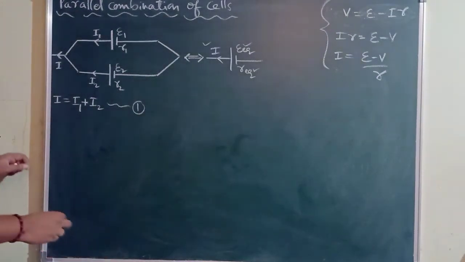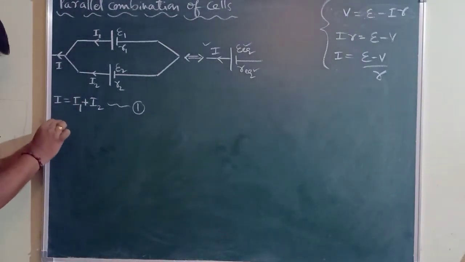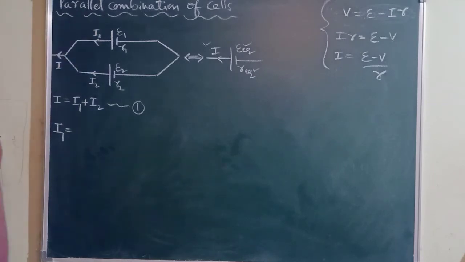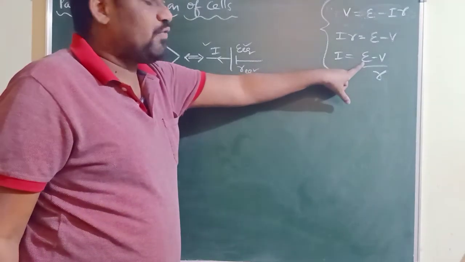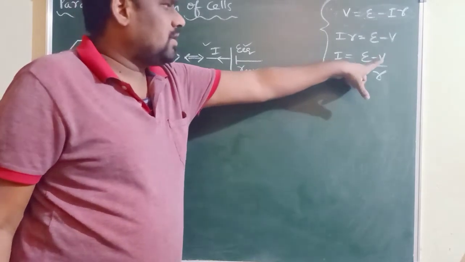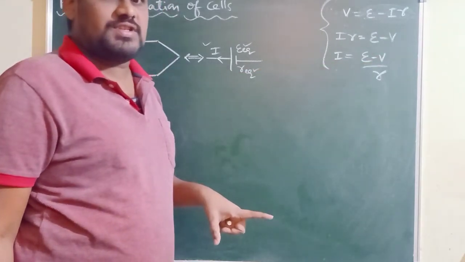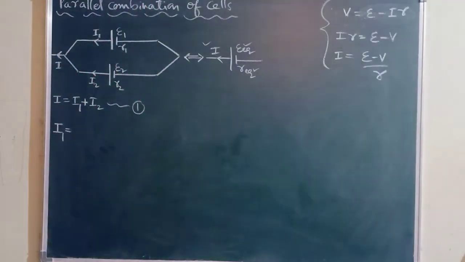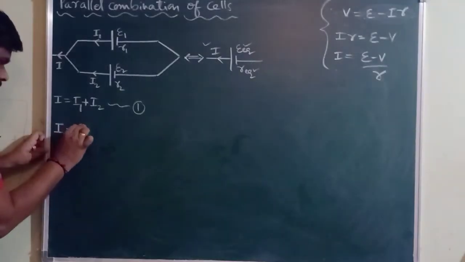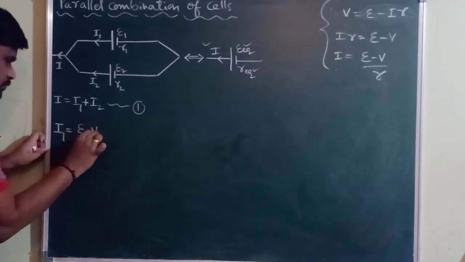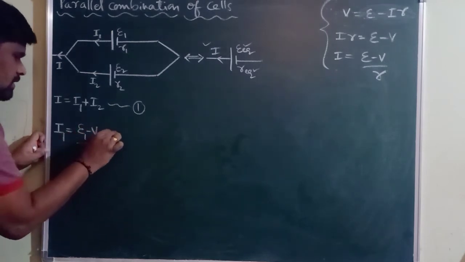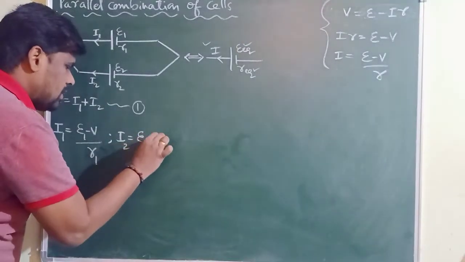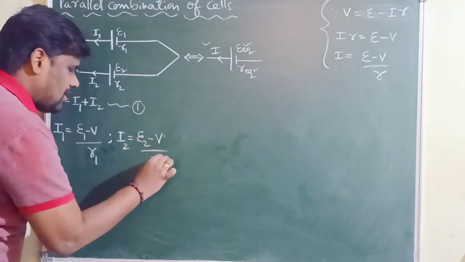If I ask what is I1, the current drawn from the first cell, it is given by the EMF of the first cell minus the terminal potential difference across the first cell, divided by the internal resistance of the first cell. So I1 can be written as (E1 minus V) by R1 and I2 can be written as (E2 minus V) by R2.